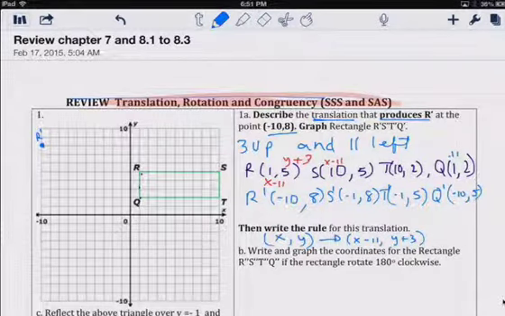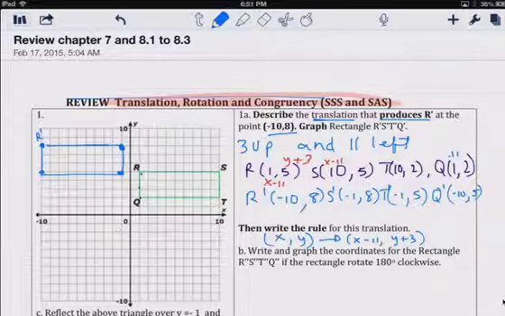So RS is S negative 1, 8 right here. And then this one is negative 1, 5 and negative 10, 5. So that's your image.